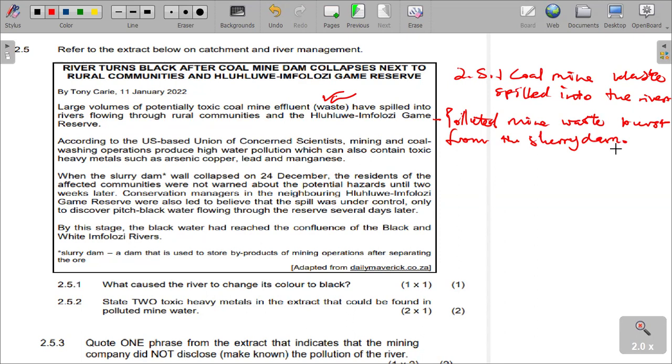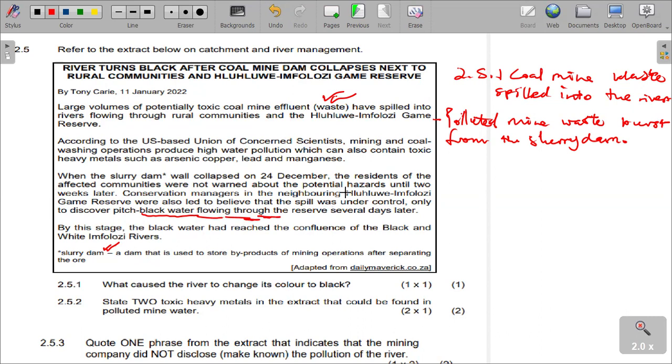So we are saying the dam that is containing the mine waste, the slurry dam, which contains the byproducts of mining operations, discolored the black waters that have been flowing in the river through the reserve later on. That is one thing that is shown there.